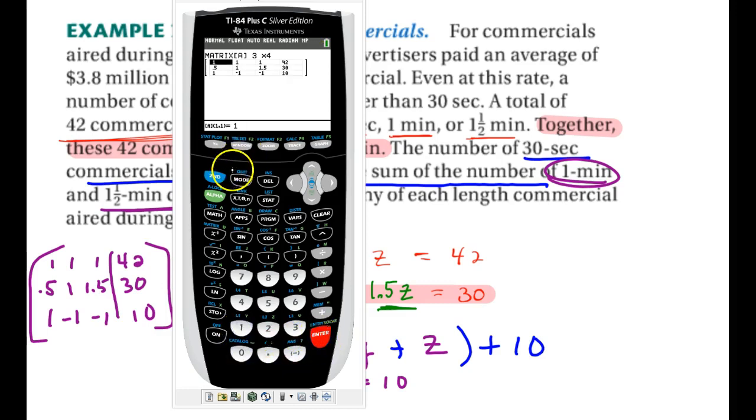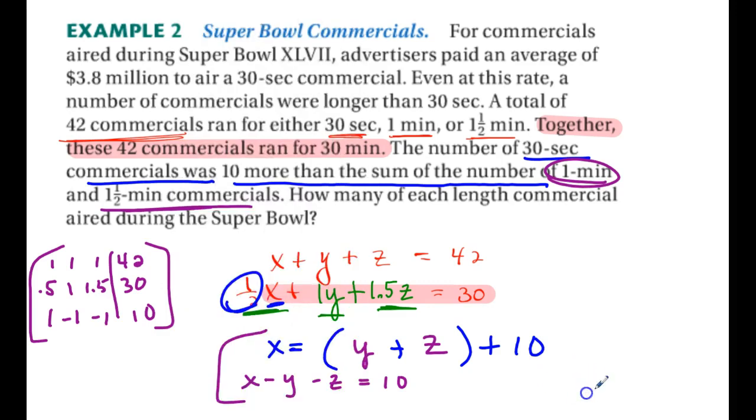Okay, hopefully I've entered that correctly. And so I don't make the same mistake that I did before, I can just hit second enter. It's a recall key. So it's going to pull up and ask it to do the reduced row echelon form again. But now I have a new matrix A edited, and I get 26, 14, 2. 26, 14, and 2.